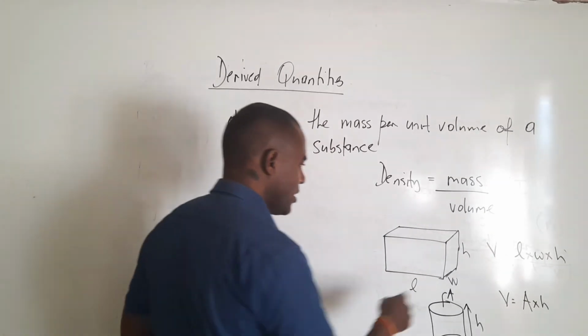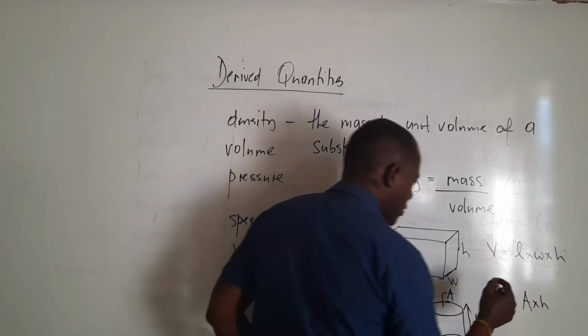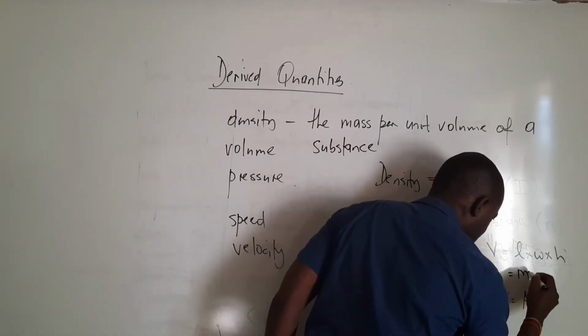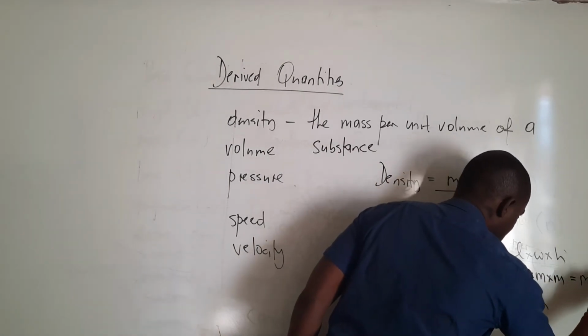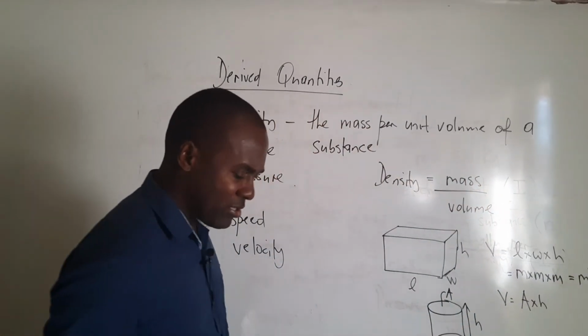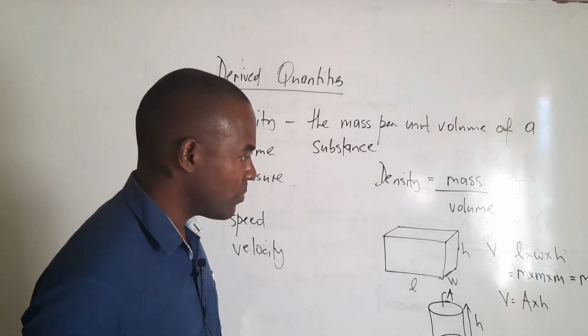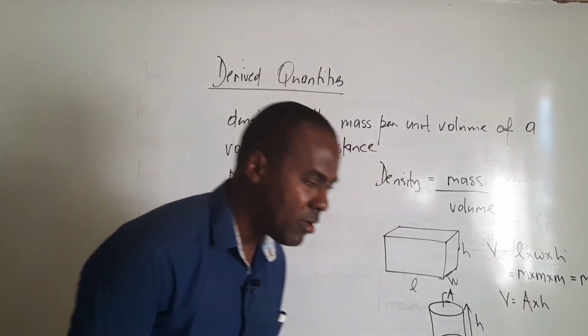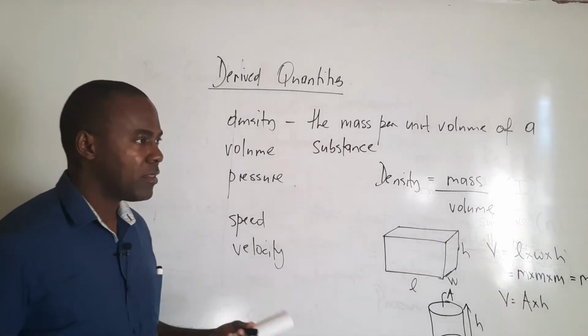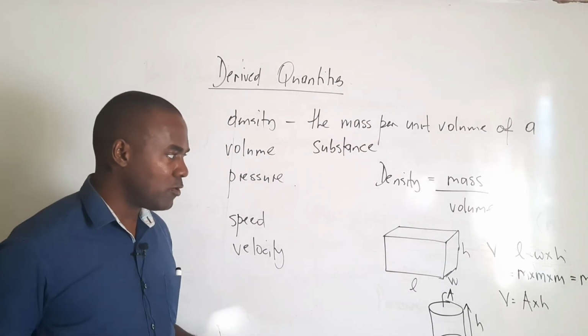And so the SI unit of volume is obtained by multiplying the meter times the meter times the meter, which gives us the meter cube. So the SI unit of volume is the meter cube. And it doesn't matter whether the object is a cylinder or a cube or a sphere, the SI unit of its volume will be meter cube, right?